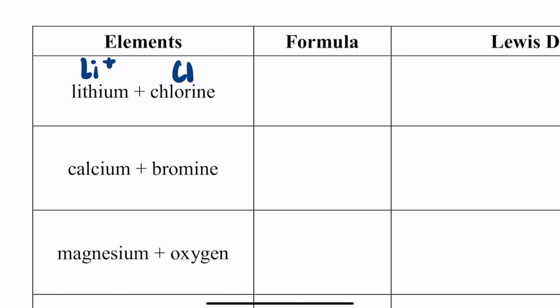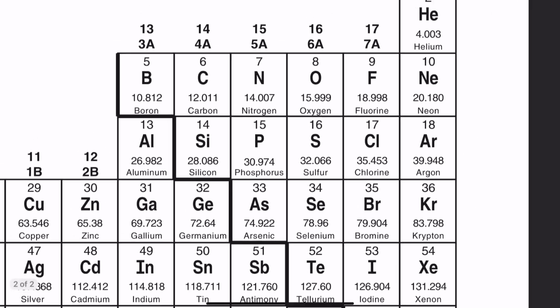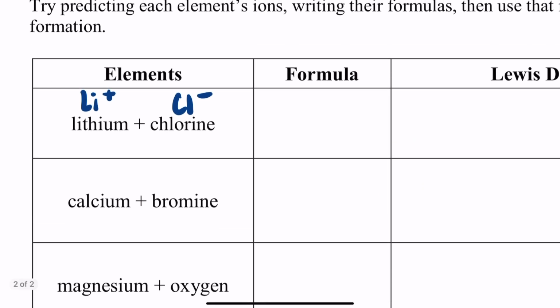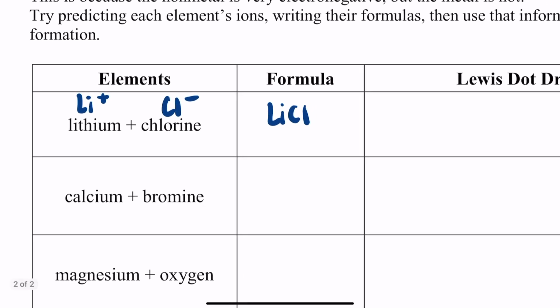Chlorine is in 7A, so it probably has a 1- charge as an ion. We see here chlorine would probably just gain 1 electron to get 8 total valence electrons. So that tells me you probably just need one of each ion in order for those charges to add up to 0. So this is how we'd write our formula, LiCl, which tells me in whatever drawing I'm going to make, I'm probably just going to have one Li and one Cl.